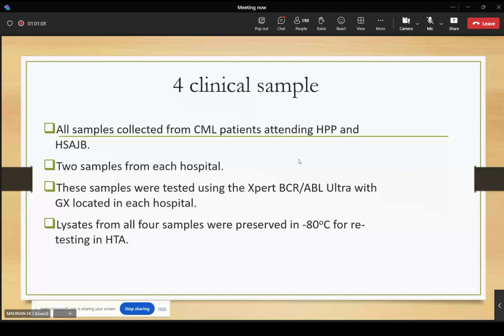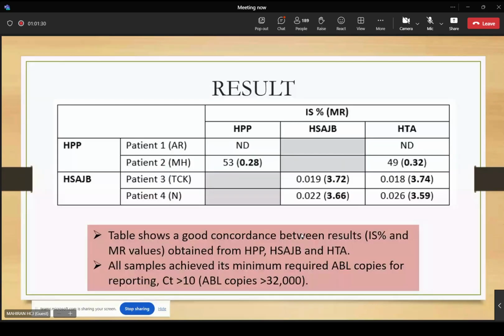So 2 sample from each hospital lah. This sample were tested using expert BCR ABL Ultra with Genexpert located in each hospital. And then lysate from all 4 samples were preserved in negative 80 degree for retention in HTA. So result kat sini kita boleh nampak lah.